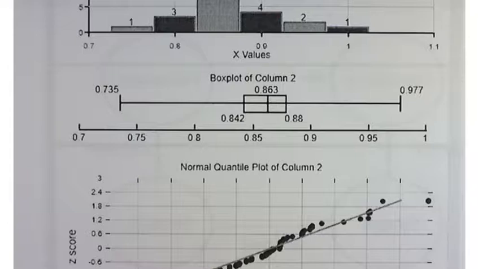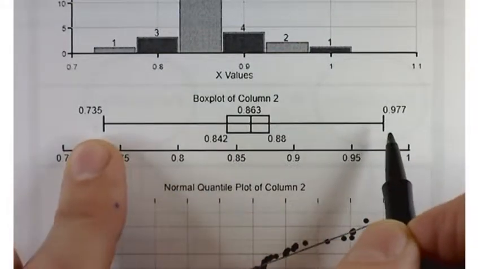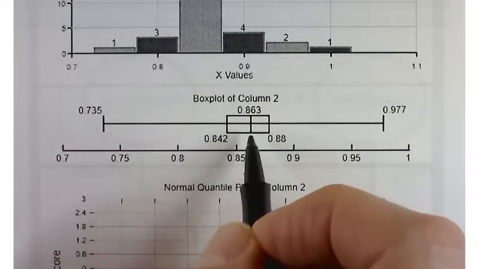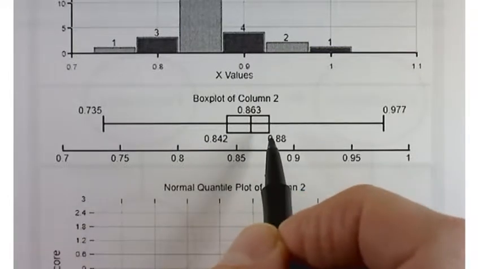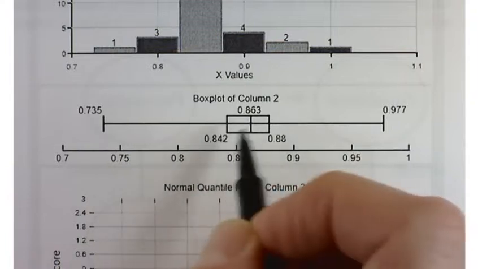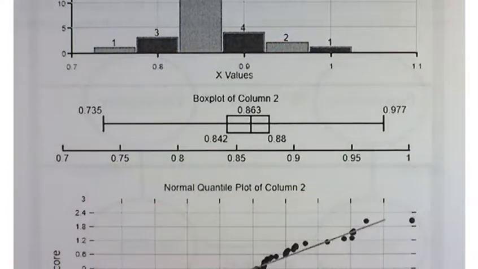In looking at the box plot here, remember these are the 2 extreme values, and then this is quartile 1, quartile 2, the median, and quartile 3. That looks pretty symmetric in there, so a lot of your data is nice and symmetrically located and concentrated around its center. So things are looking pretty good.